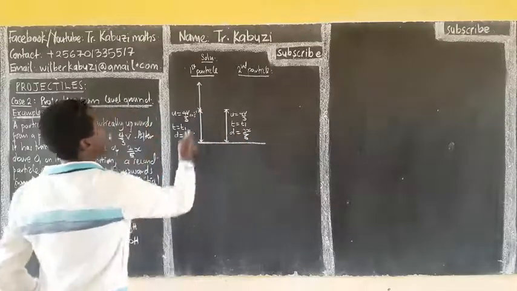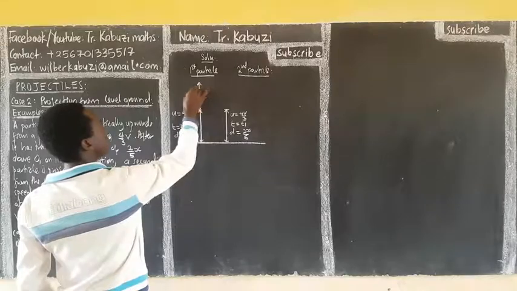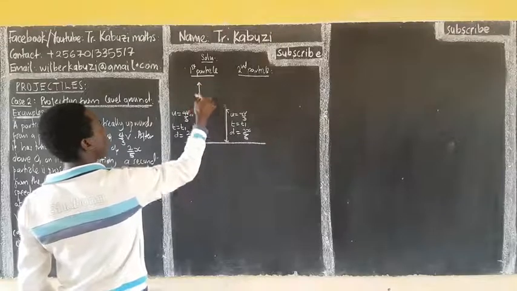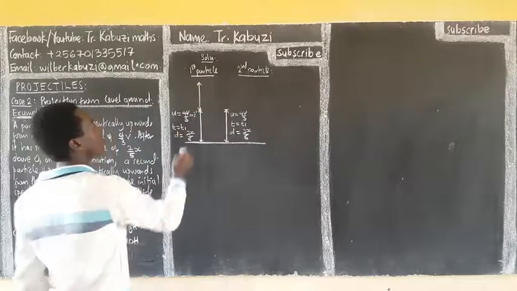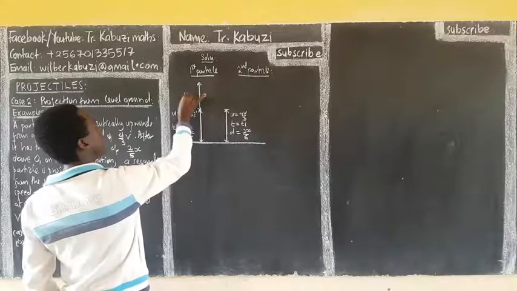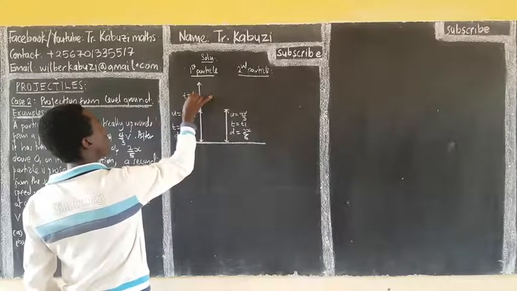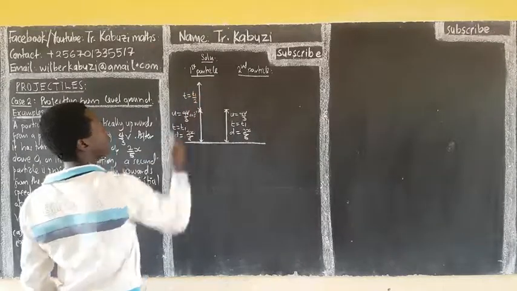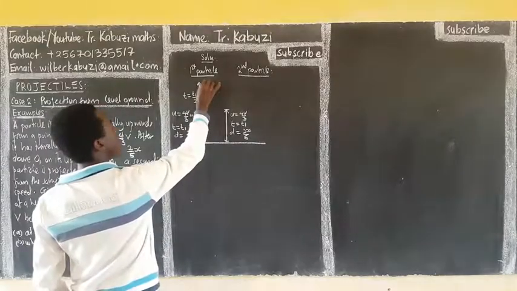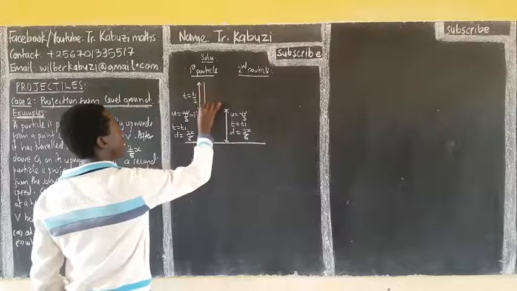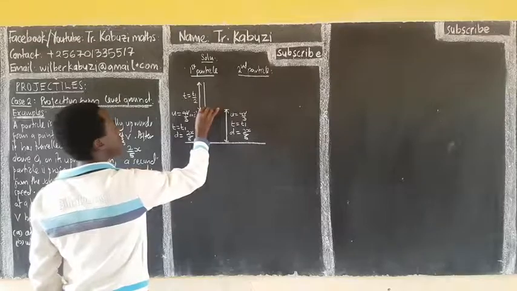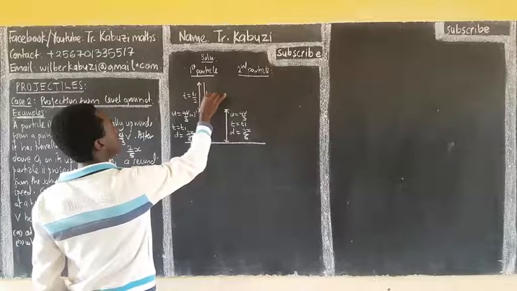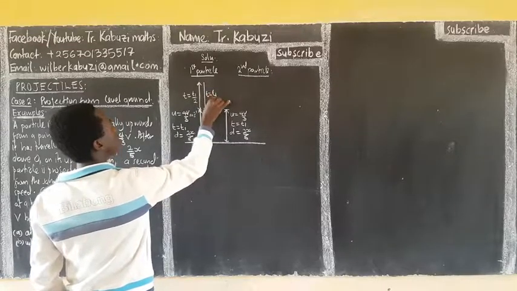But the time to cover from here up to here is going to be t1 over 2, just to go up there and also come back to collide like this.